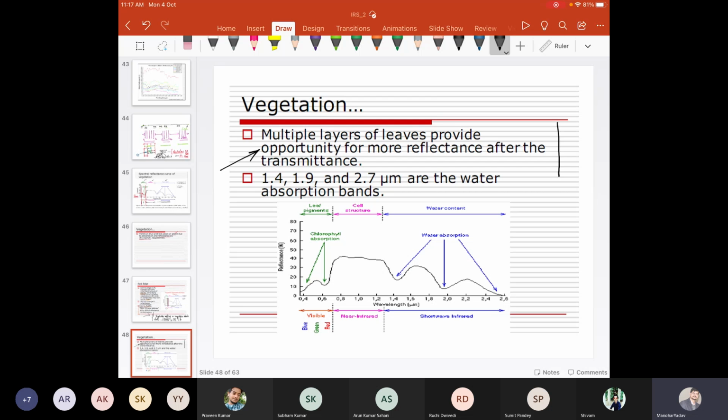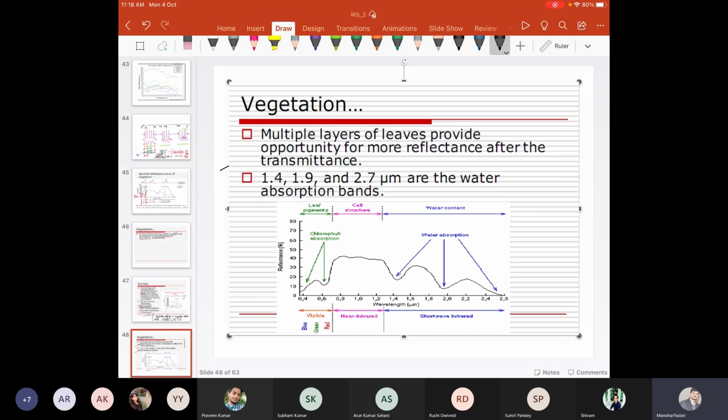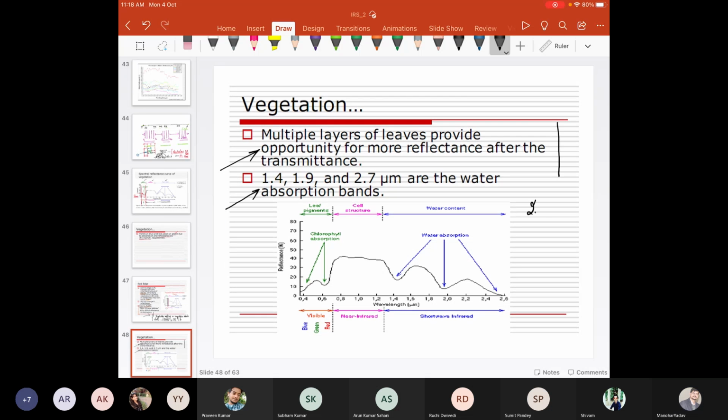Then we have microwave. And there are water absorption bands at 1.4, 1.9, and 2.7 micrometer. So if someone asks, can we do remote sensing at 2.7 micrometer? We do not select any spectral band around 2.7, 1.9, and 1.4 micrometer, because these are water absorption bands.